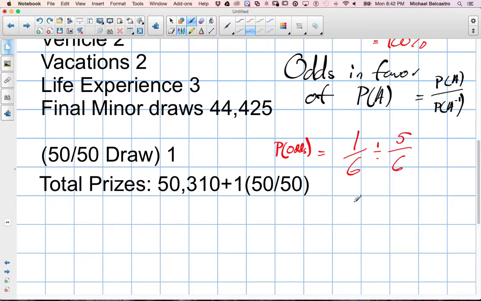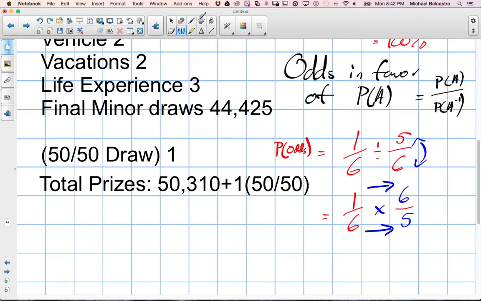When we divide fractions, we can turn it into a multiplication question. We invert the second fraction and multiply the two. So we have 1 over 6 times 6 over 5. And when you multiply fractions, you do the top by the top and the bottom by the bottom. That's our fraction rules.